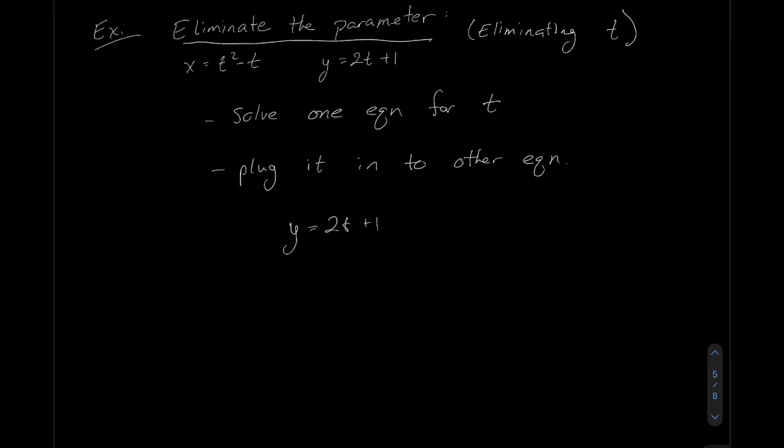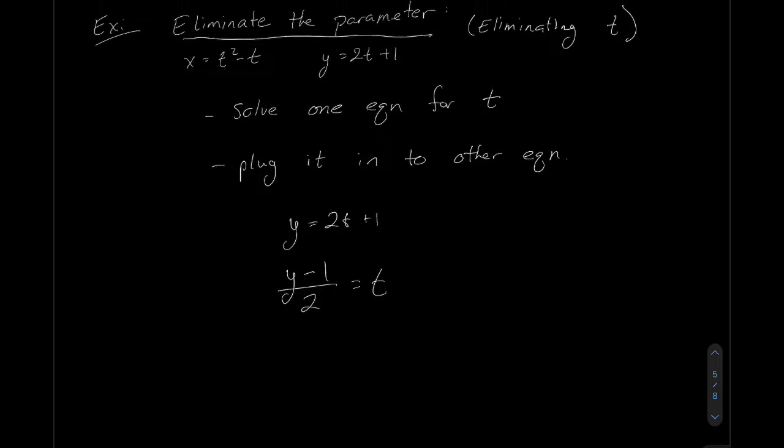So let's look at y equals 2t plus 1. x equals t squared minus t is kind of rough to deal with, and we would have a plus or minus, so that wouldn't really give us a function of x. But with y equals 2t plus 1, we have a linear term, and we don't have to worry about pluses or minuses when we solve for t.